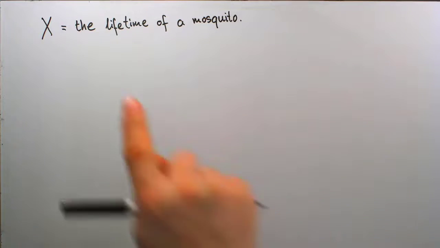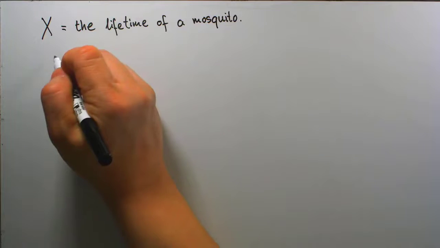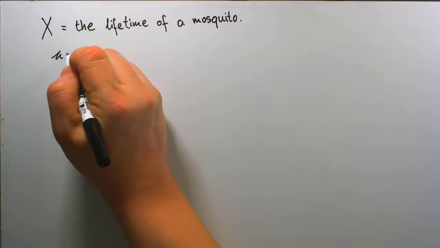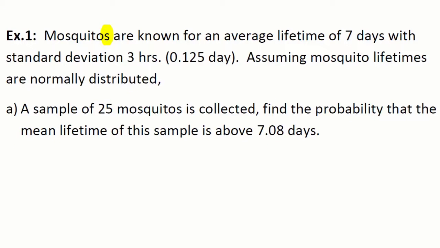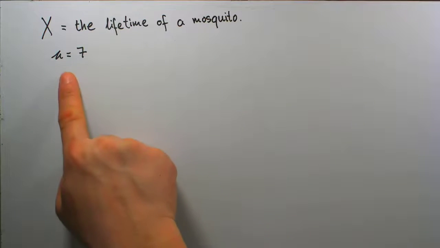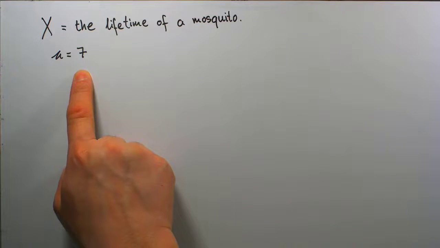And so from this population, what we know is that mu equals 7, because according to what it says right here, from the beginning description of our problem, mosquitoes are known for an average lifetime of 7 days. That information gave me my known population mean value.